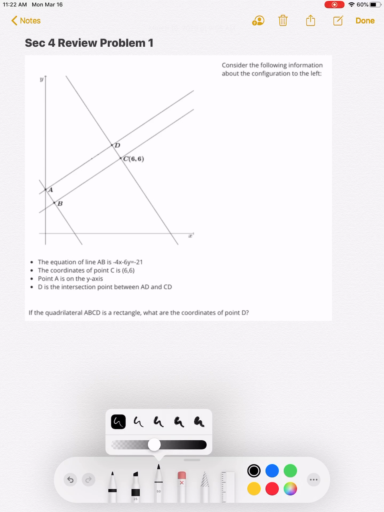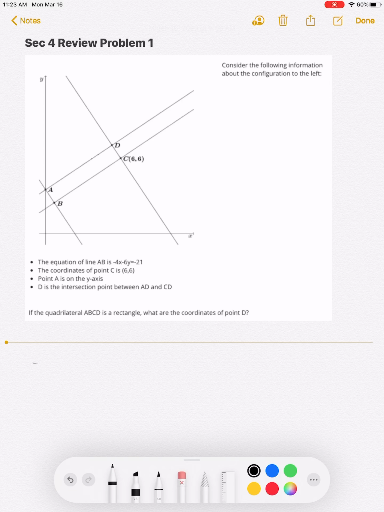So, first of all, we need to find the slope and the y-intercept of AB, so we should put the line AB into functional form. So we start off at minus 4x minus 6y is equal to minus 21.